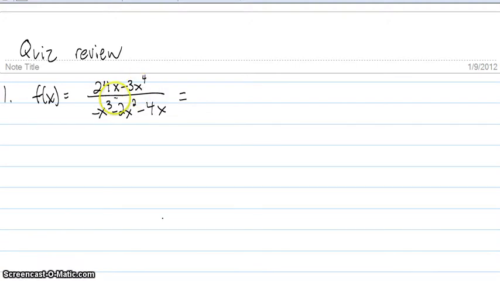Again, you can take a negative 3x out on top, and you're left with a x cubed minus 8. And then on the bottom, you can take out a negative x, and you're left with an x squared plus 2x plus 4.